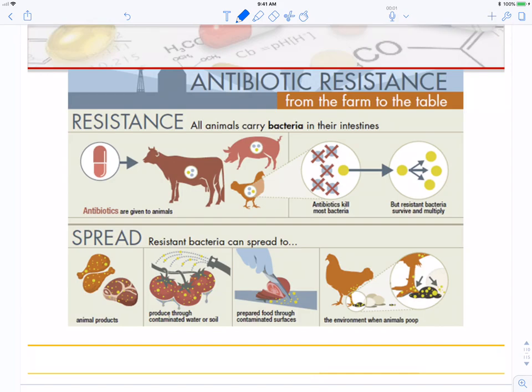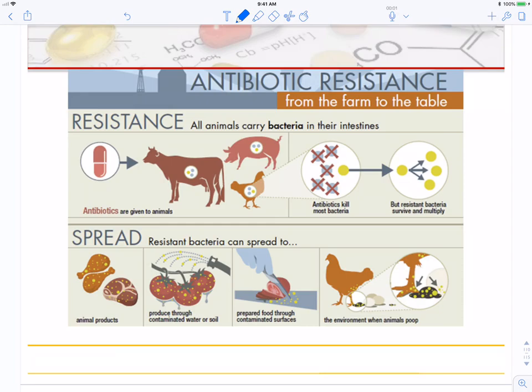So one important aspect of the emergence of antibiotic resistance, beside the widespread use of a certain antibiotic in clinical practice, is the fact that animals are raised by adding antibiotics in low doses to their feed. This is done because it facilitates the growth of the animal and so the yield of meat.